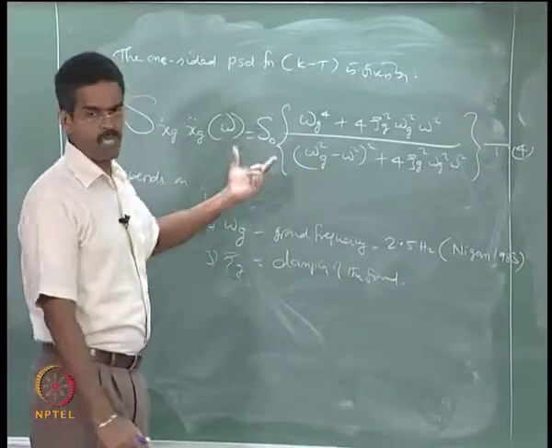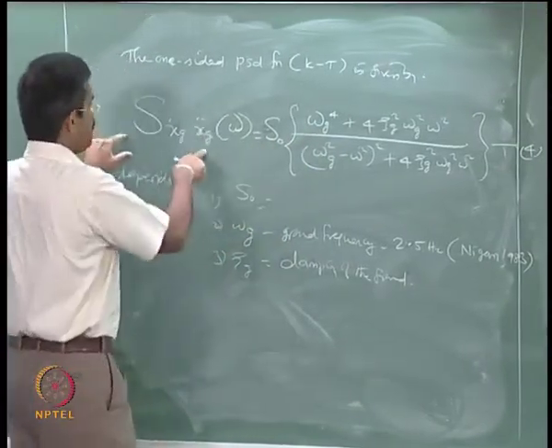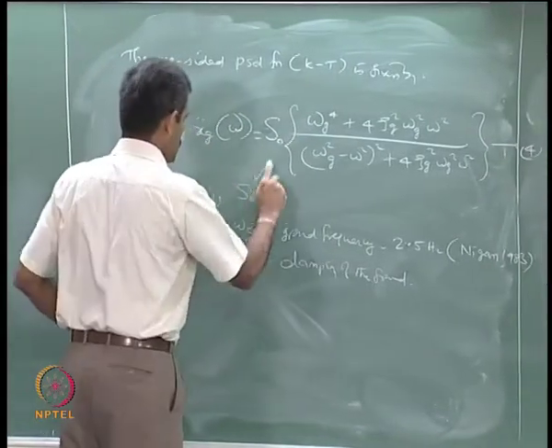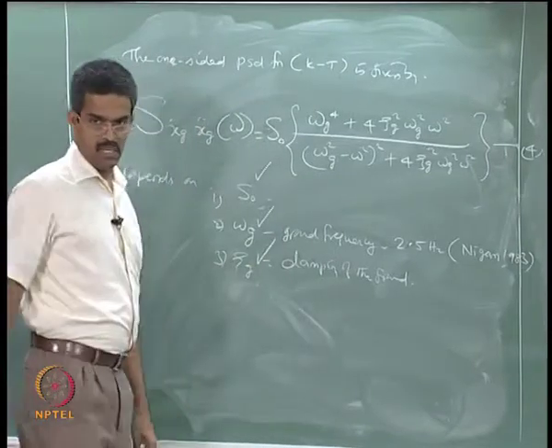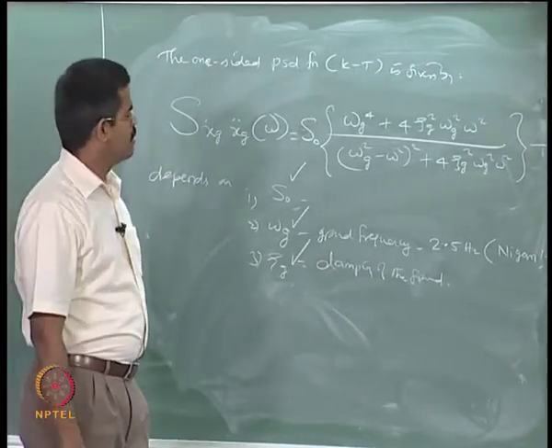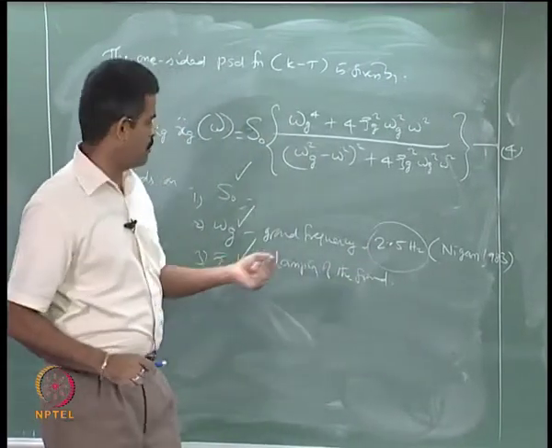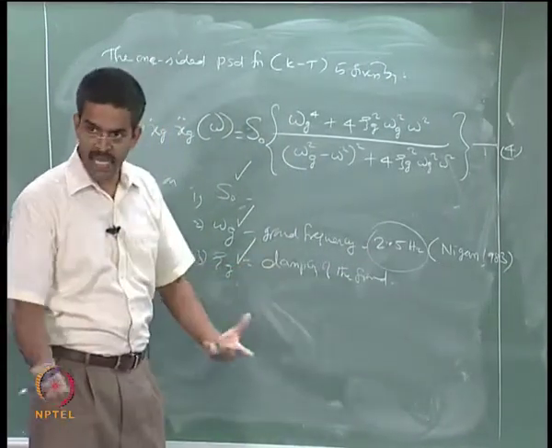What are the spectral dependence parameters? The spectrum depends on 3 parameters: S naught, omega g and zeta g. Omega g is 2.5 as applicable to a ground frequency for a fixed base.